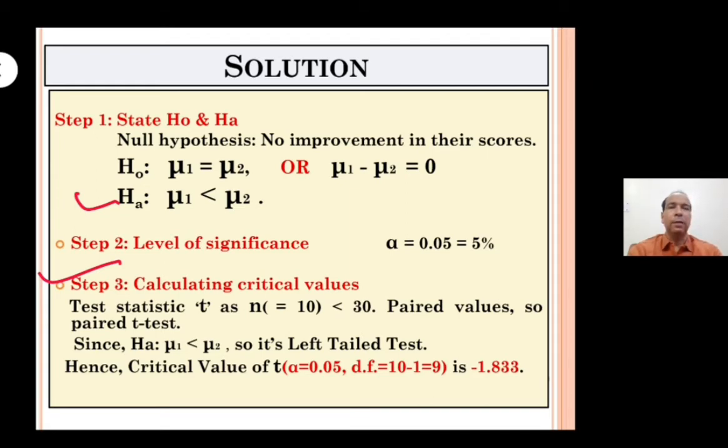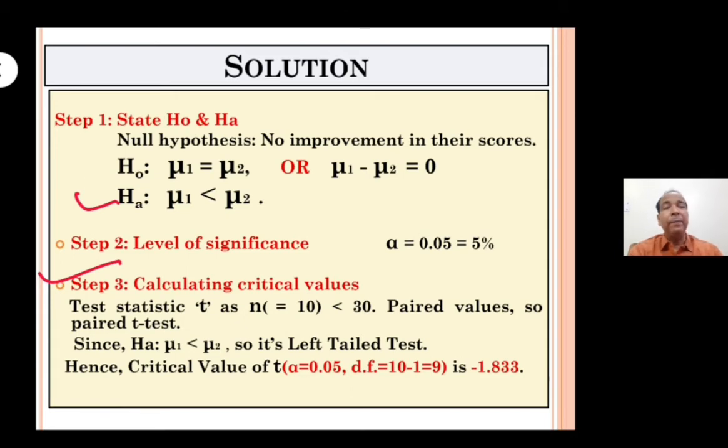Now since alternative hypothesis is mu1 is lesser than mu2, that is left tail test. So with minus sign, if we make it mu2 is greater than mu1, that will be in fact a right tail test with plus sign. So that doesn't make any difference.